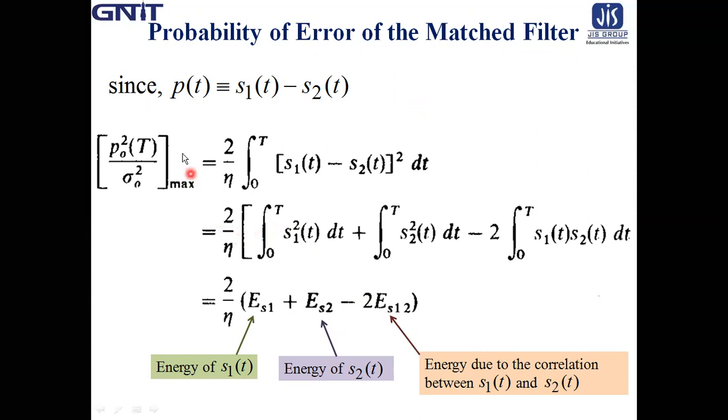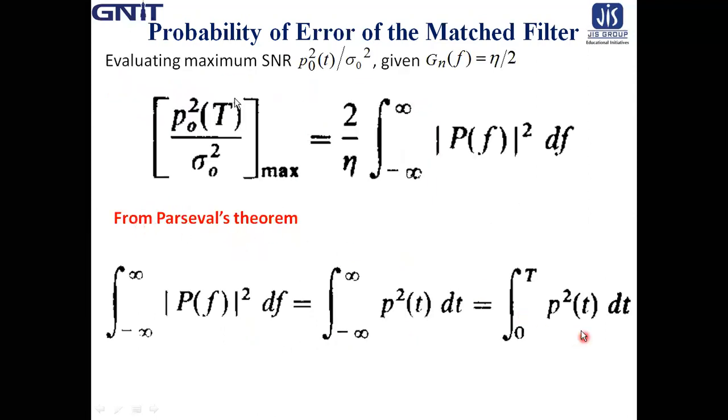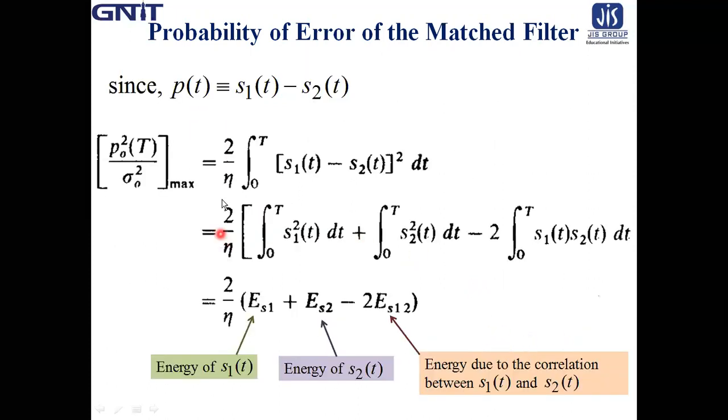where p(t) persists only for a time T. Now, since p(t) equal to s1(t) minus s2(t), therefore, in the last expression, just put the value of s1(t) minus s2(t) square. So this maximum value is 2 by eta, integral 0 to T, because p(t) persists only 0 to T, of (s1(t) minus s2(t)) square dt.